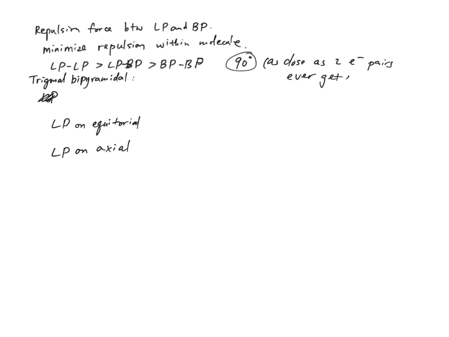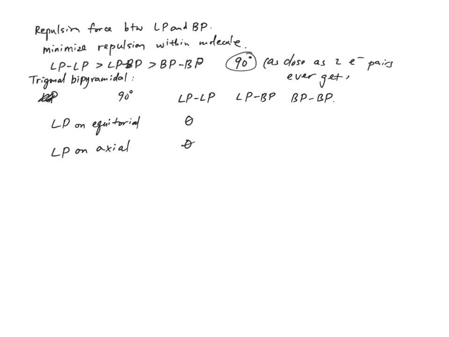But in each of those cases, think about 90 degree lone pair-lone pair repulsion, lone pair-bonding pair repulsion, and bonding pair-bonding pair repulsion. Well, there's only one lone pair, so 0 of the first.